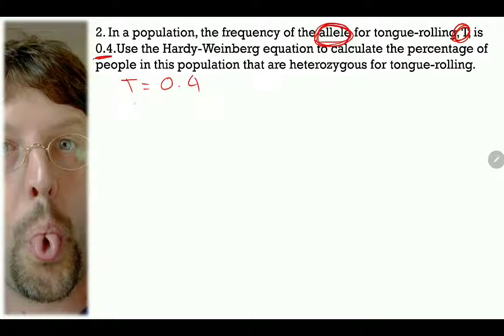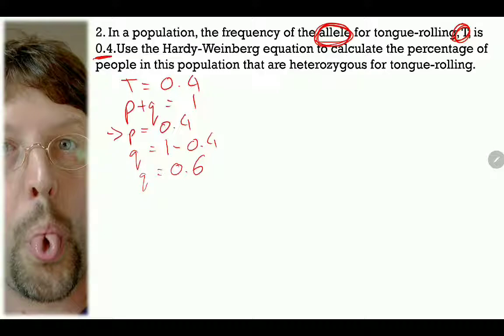If it's a genotype, we'll see 2 letters. So we need to calculate what this is in terms of our equation. If it's an allele, we're using p plus q is equal to 1. So we know it's the dominant, so that must mean that p is equal to 0.4, which must mean that q is equal to 1 minus 0.4. So q is equal to 0.6. So we have our p and we have our q. They want us to calculate the heterozygotes.